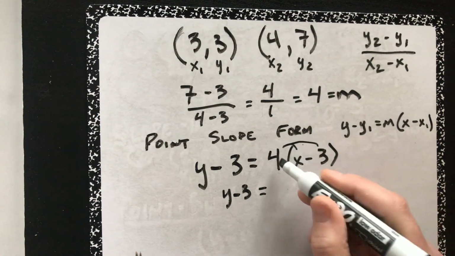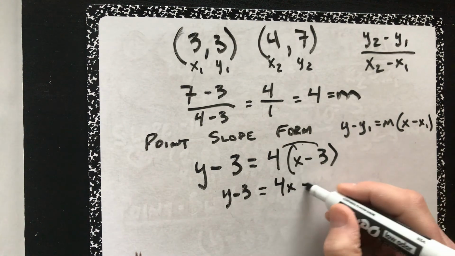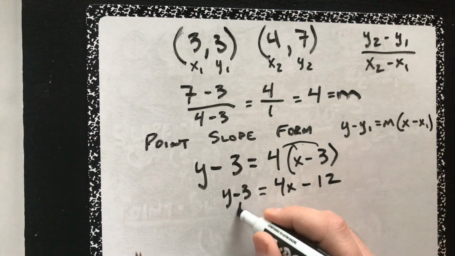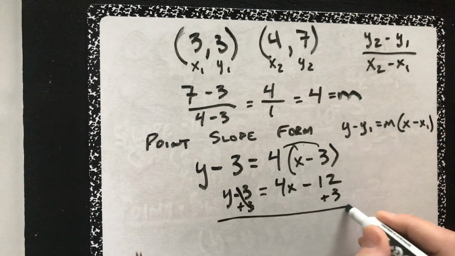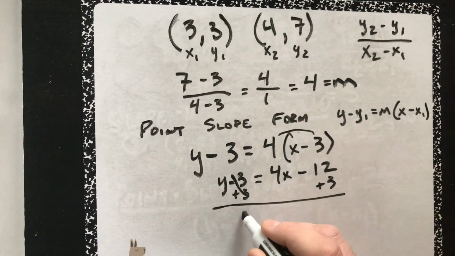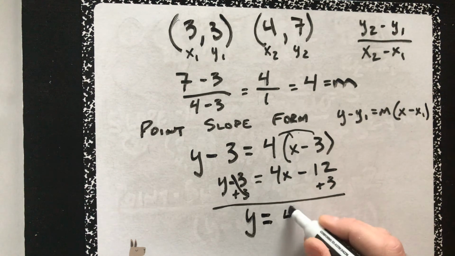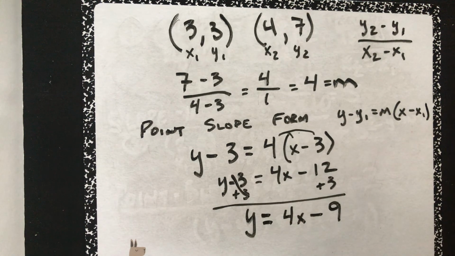So 4 times x is 4x. 4 times 3, that's 12. And I'm going to add the 3 to both sides. So my final answer, y is equal to 4x minus 9.